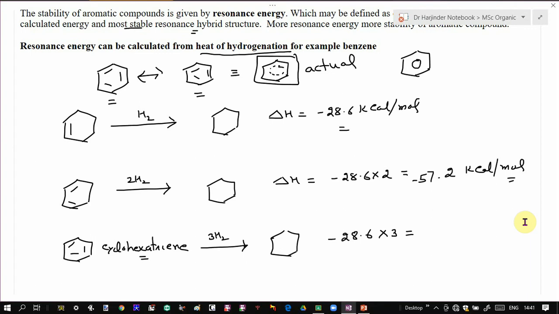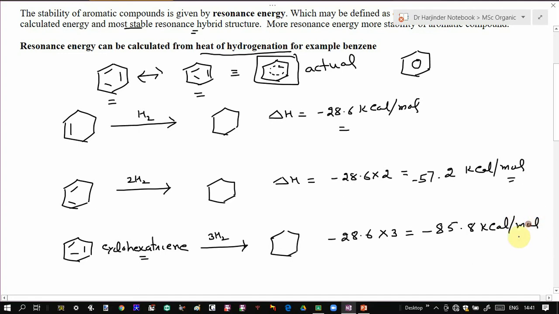This will give the corresponding value of minus 85.8 kilocalories per mole for this hypothetical molecule.